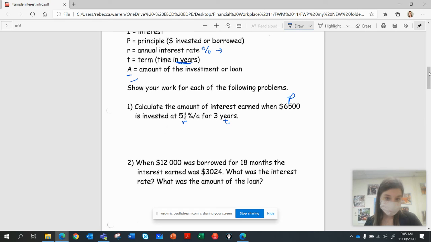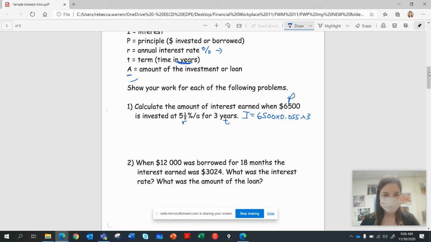Now, this is actually really easy with the general formula, but I'm still going to do the triangle so that you get in the habit of doing the triangle. First, I'll show you how it would work with the general formula. The general formula is P times R times T, so it would be 6,500 times 0.055 times 3. You can do it that way and get your answer.